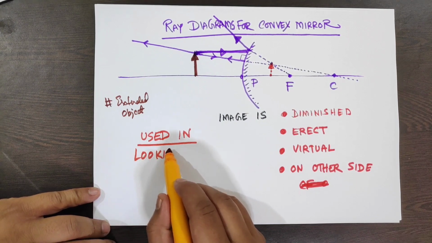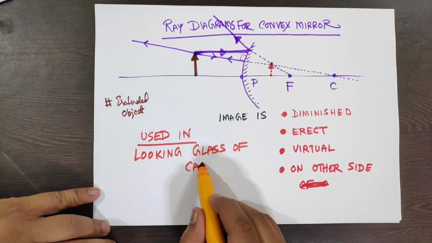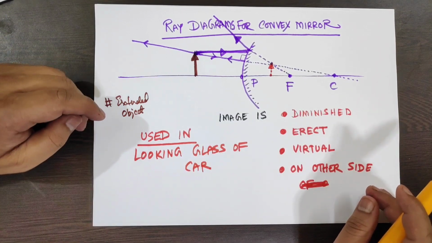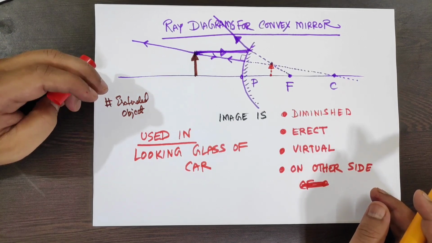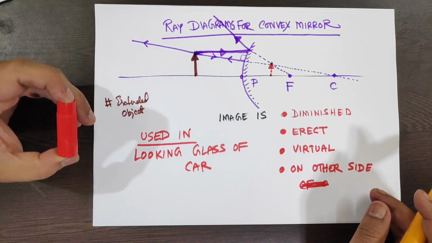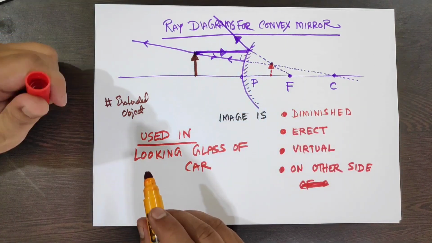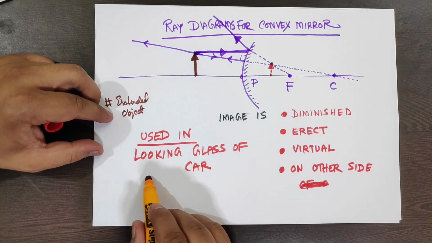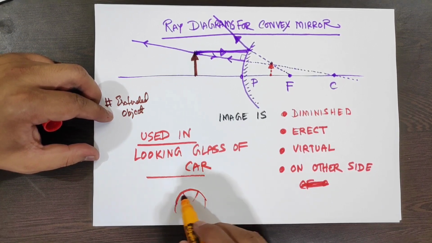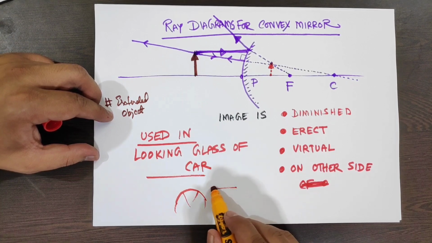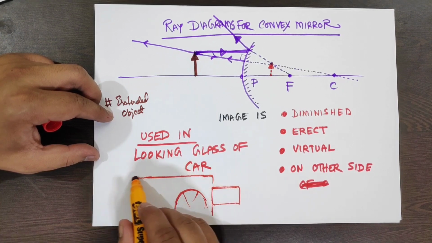So the use of the convex mirror is in the looking glass of a car. In the looking glass of a car, you see the image of the cars behind your car, and the image looks diminished and erect also, as seen in the diagram. Now I'll be drawing a diagram of the car. The view of the driver, there is the steering, and to the right we have right hand drive.